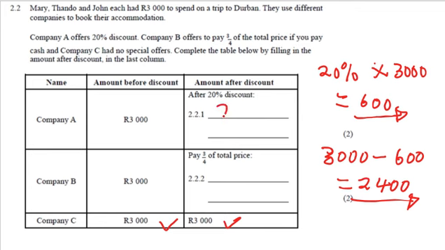So this is our answer here, 2,400. Simple. Can you see that? It's very, very simple.